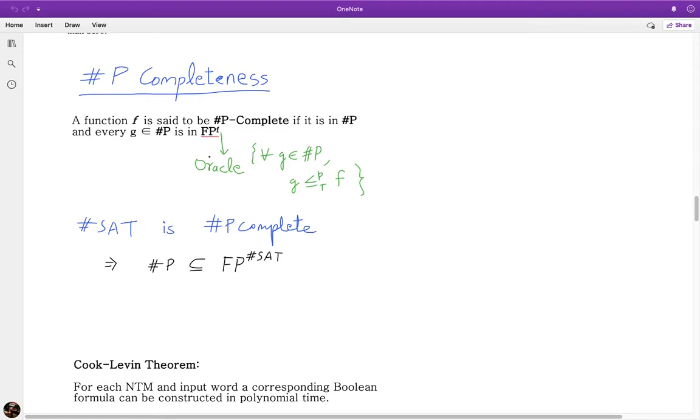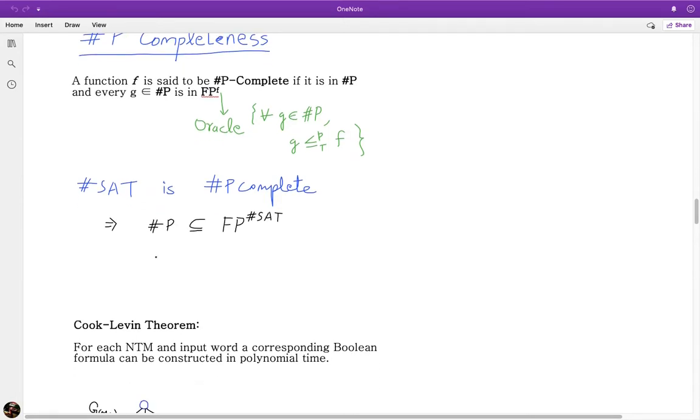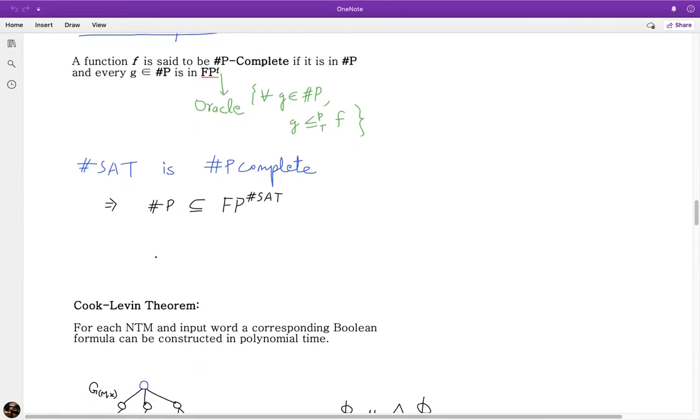So we can convert the output of the oracle f into a solution of g. This is nothing but, as we see here, for all g which belongs to #P, g is polynomial time reducible to f.